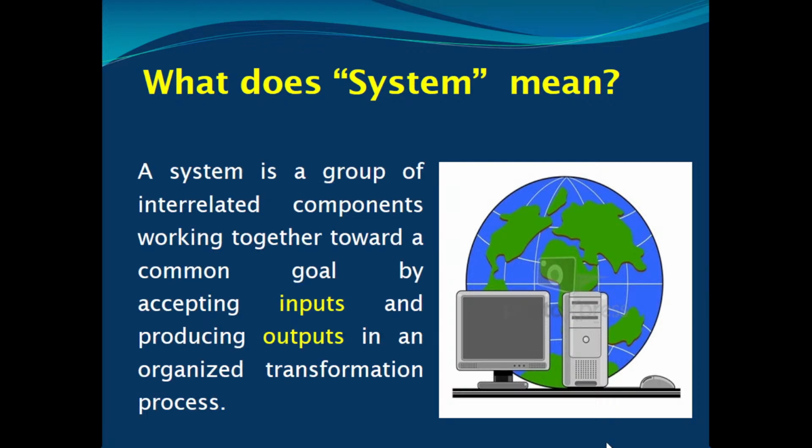A system is a set of objects or elements that interact to achieve a specific goal. A system is a group of interrelated components working together toward a common goal by accepting inputs and producing outputs in an organized transformation process.